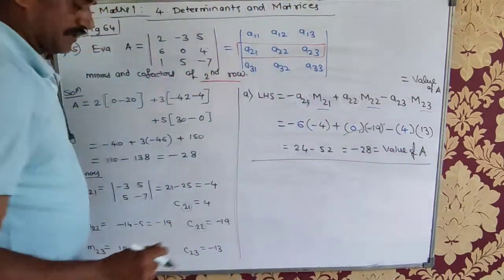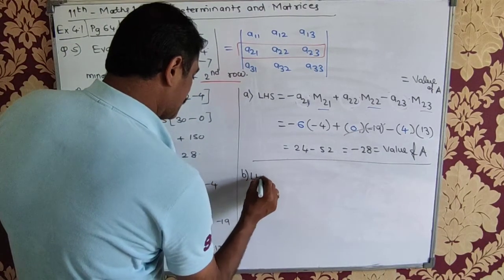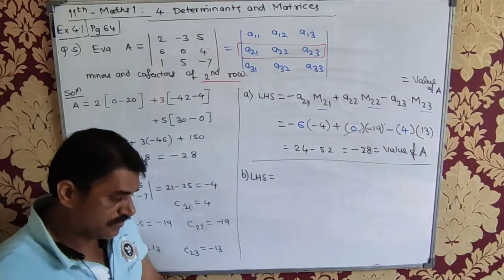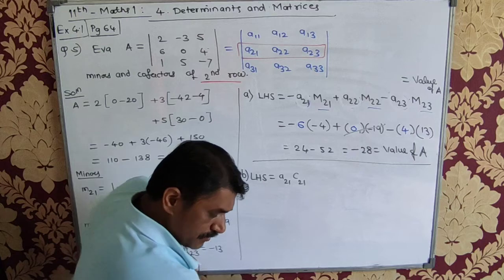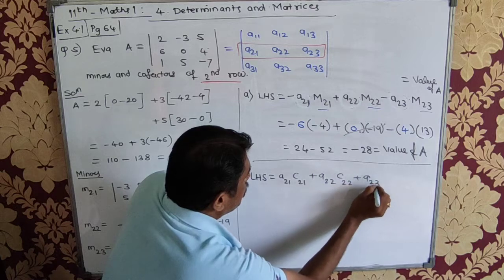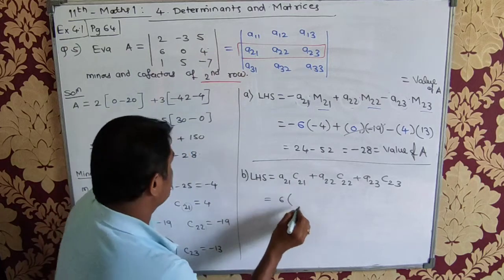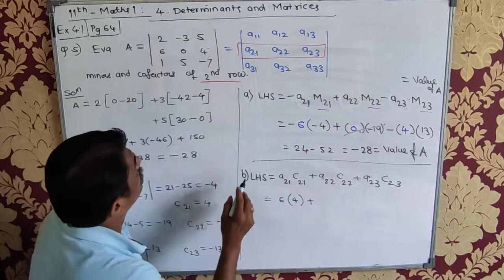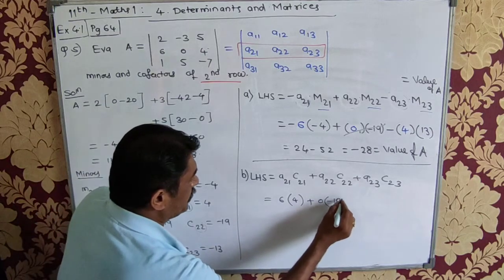Okay? In the second part, again they are asking something. What is the LHS? LHS says A21 C21 plus A22 C22 plus A23 C23. A21 is 6, C21 is 4, plus A22 is 0, C22 जो भी कोई minus 19, क्या फर्क पड़ेगा?